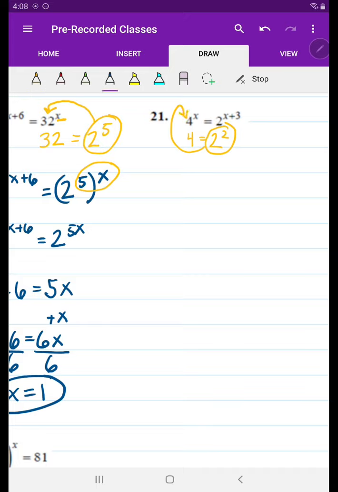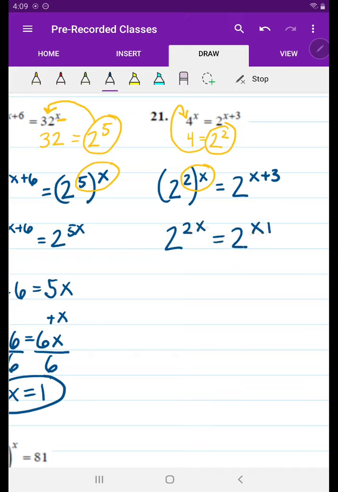And so what that first line will look like is we'll have 2 squared, and we'll put that in parentheses, and we'll hold on to that exponent of x on the outside, and that's equal to 2 to the x plus 3. And so this 2 and this x, we can multiply that together. And so now we'll get 2 to the 2x equals 2 to the x plus 3.